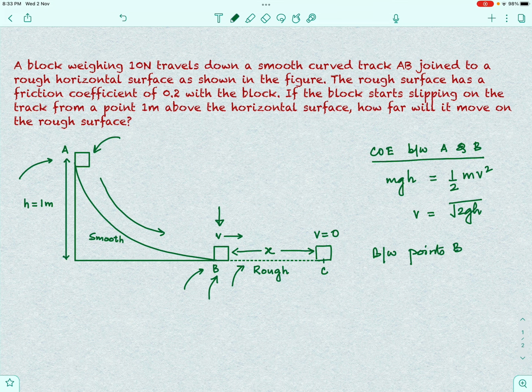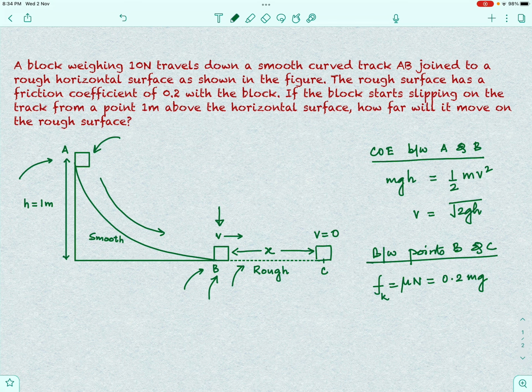So, now between points B and C, can we first find out the frictional force and hence the deceleration that the block will suffer? So, friction, which will be kinetic in nature here, we know will have a value of mu N, which we can easily calculate. 0.2 is the value of mu, and N, which is mg, is given to be 10 newtons. Maybe instead of putting the value of mg here, we will just keep it as mg and see if we can get the answer in terms of variables itself.